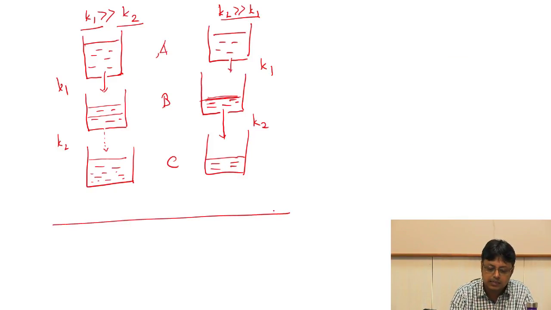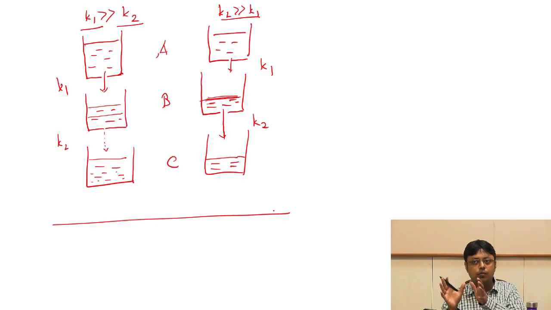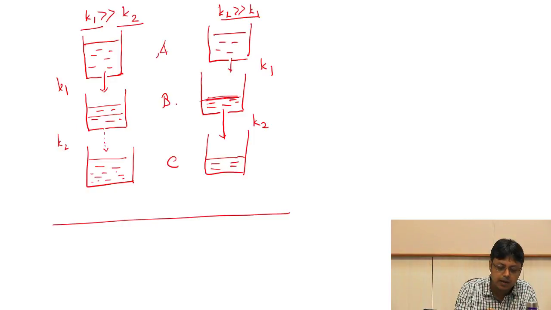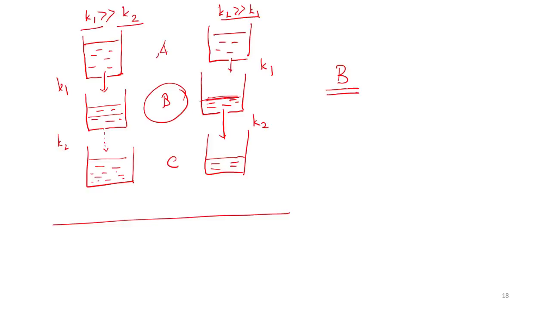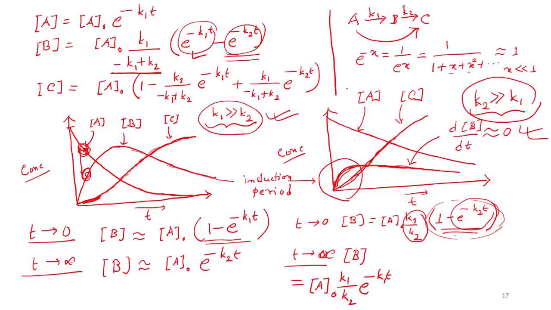So this is a nice analogy you can think of for a consecutive reaction, where water is being transferred from one bucket to the other bucket and eventually to C. Eventually all the water will be transferred from A to C, but through an intermediate bucket, which is the B bucket. So B is an intermediate, and in many chemical and biological reactions, these intermediates have to be studied to understand the reaction mechanism.